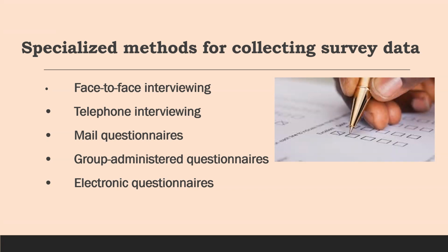They have to be consistent. Now, surveys generally take one of two forms, like I said, a questionnaire or interviews. You can have the face-to-face interview, a telephone interview, mail questionnaires, group administered questionnaires, and also the electronic questionnaires.